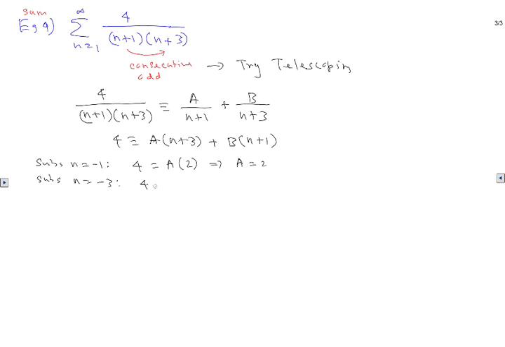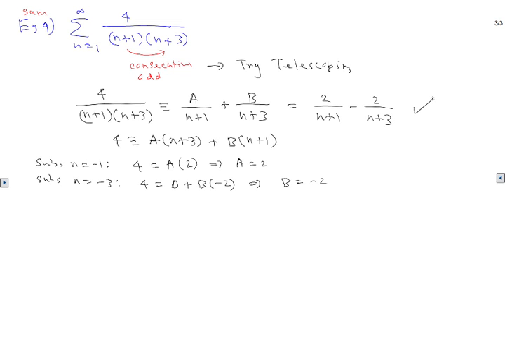So 4 equals 0 plus b times -2. This says that b equals -2. We found the two numbers. Now we substitute those two numbers here, so that means it is 2 over n plus 1 minus 2 over n plus 3. So we're done.